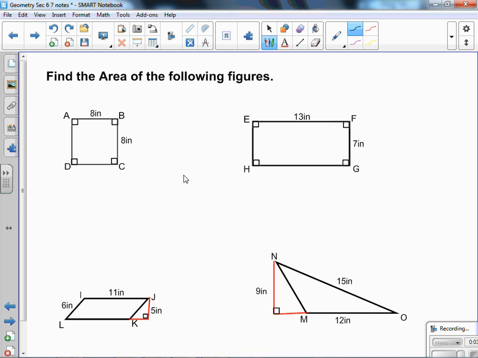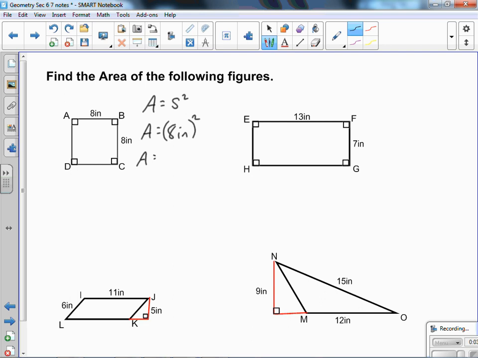All right, so finding the area of the following figures. First figure here is figure ABCD, is a square, right? Both sides are marked 8 inches. So using the formula for a square, which is A equals the side squared. So A equals 8 inches squared.